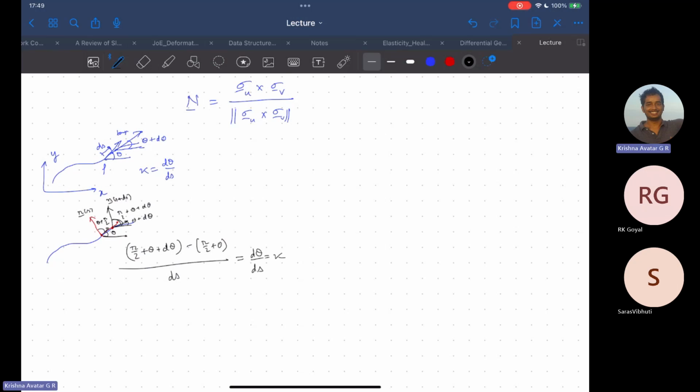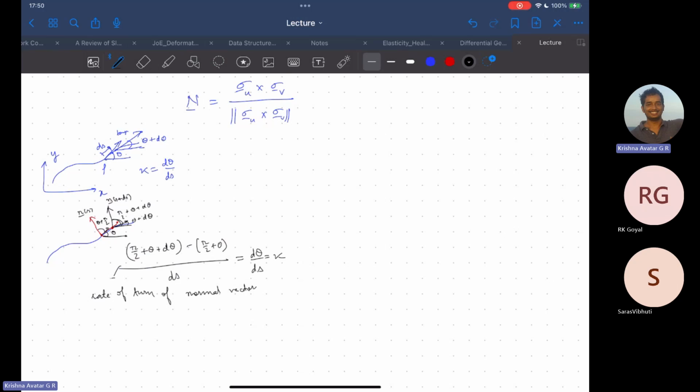Right? And here we are looking at the rate of turn of the normal vector. Right? So we see that we can even describe the curvature by looking at how the normal vector is changing.